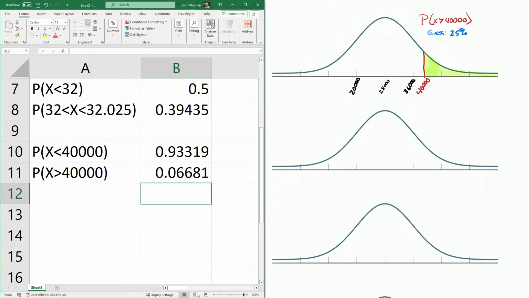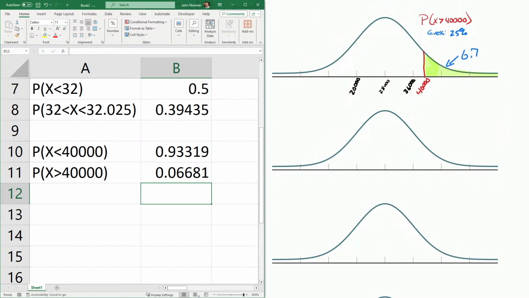It was a little less than both of us had predicted, but I'm happy. I think that this is correct, 6.7%. So the guess is only to try to help you detect mistakes in your work. It's not part of the actual answer. Okay, so 6.6% or 6.7% is the correct answer.